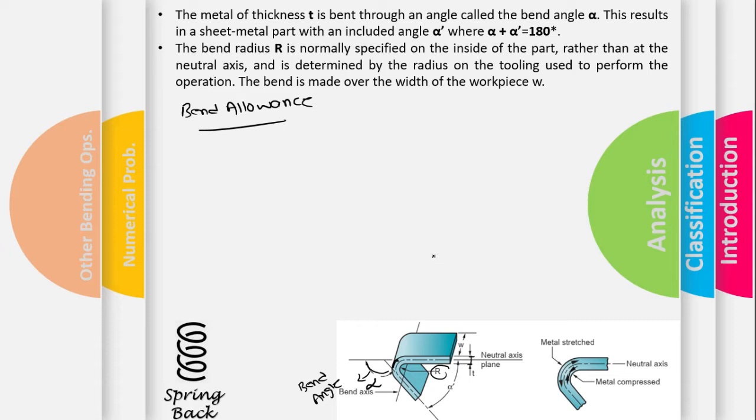Let's suppose we have a sheet like this one, and if you draw a neutral axis, there is some length of the neutral axis.